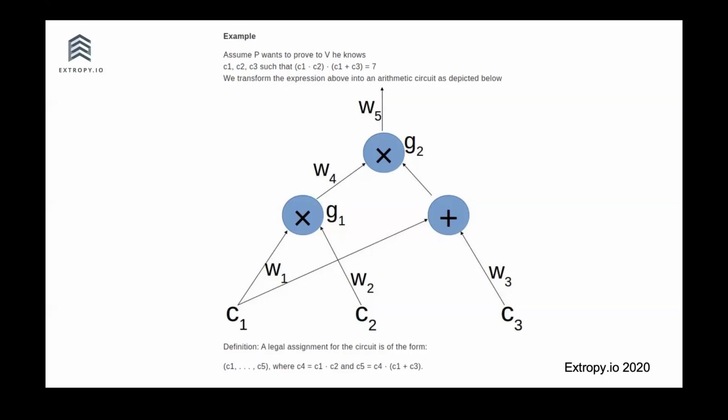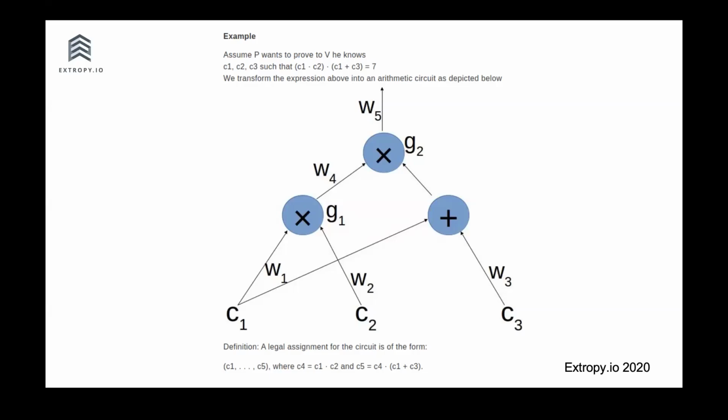Now, this can be done automatically, or people do these also by hand to optimize them better. But either way, we can create a circuit like this, which takes in our C values, which are the inputs to our system, and arranges them with constraints.